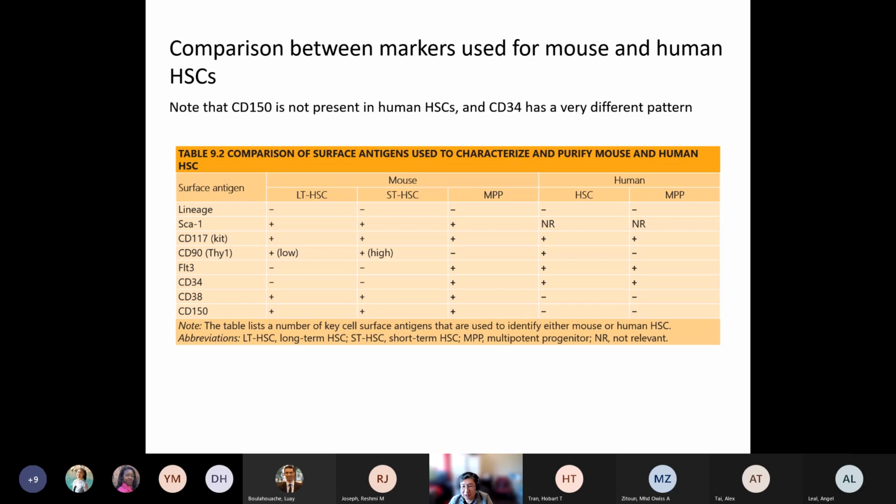You use CD34 to give you the raw collection of hematopoietic stem cells in humans. But that apparently is wrong in mouse, because CD34 positivity is associated with more differentiated cell types. Again, CD150 is the marker for mouse hematopoietic stem cells, but it's negative for the human counterpart. So pay attention to the difference.